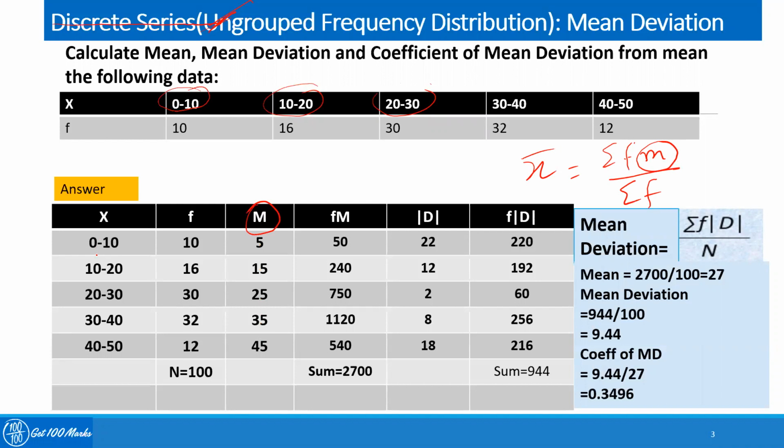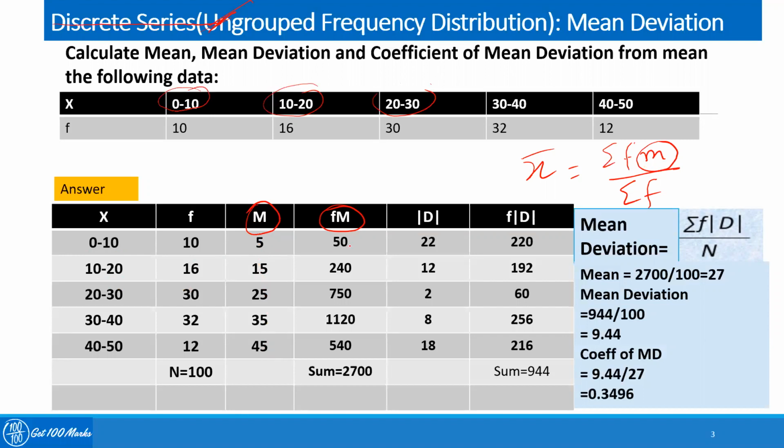Now the class interval is 0 to 10, therefore the mid value is 5. How do I get it? 0 plus 10 by 2. Similarly, for 10 to 20, the mid value is 15, which is 10 plus 20 divided by 2. Like this, I have calculated all the mid values. Then I create the next column, which is f into m. F is the frequency, m is the mid value.